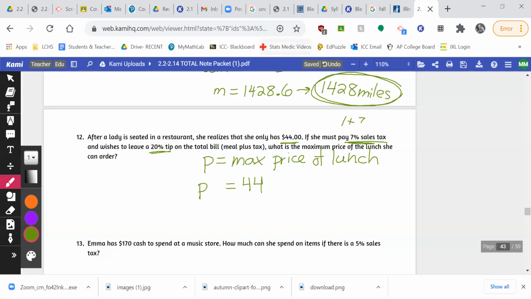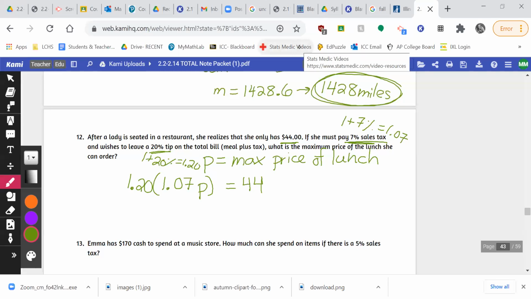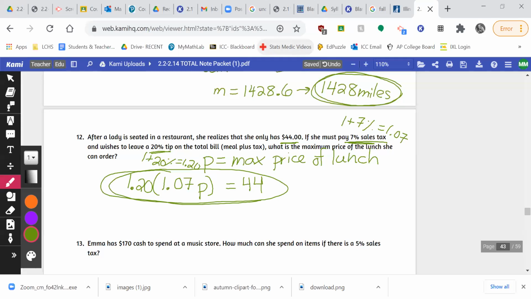So it's going to be 1 plus 7% for your tax, so that's 1.07. And then on the outside of that, you apply your tip. So that's 1 plus 20%, which would be 1.20. Okay, so this is your equation.